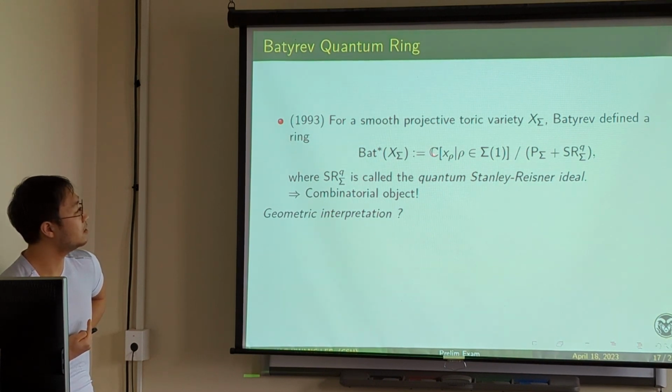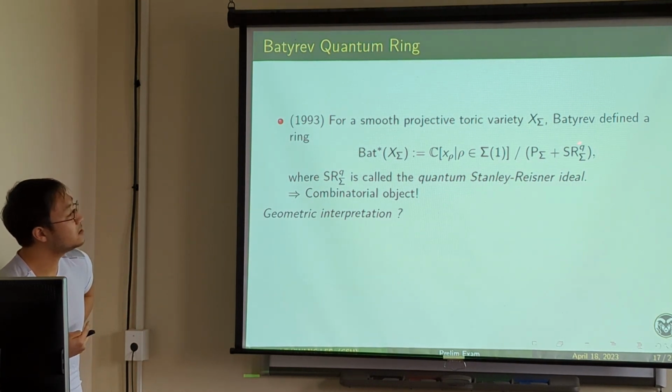Here is the polynomial ring, where the number of variables is the same as the number of rays in the fan. Then there are two types of relation. The first relation tells you how rays are related to each other, and this relation is called the quantum Stanley-Reisner ideal.